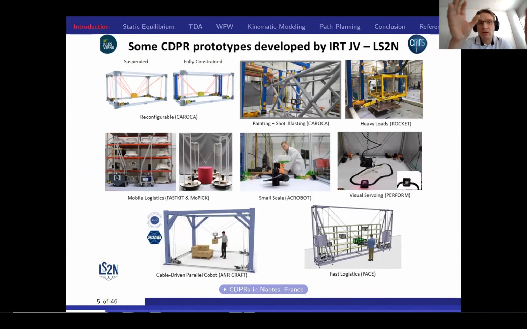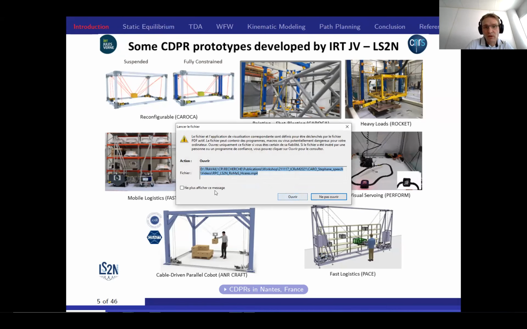I'm working in those two institutes, mainly on the modeling, design and control of CDPRs. Here are some pictures of prototypes that we have realized in the last few years. I have a video. I can show this.